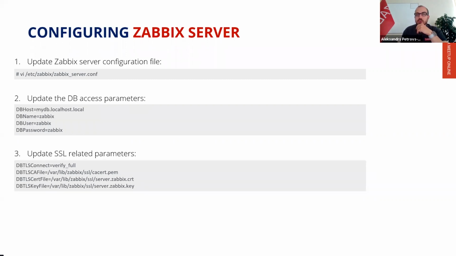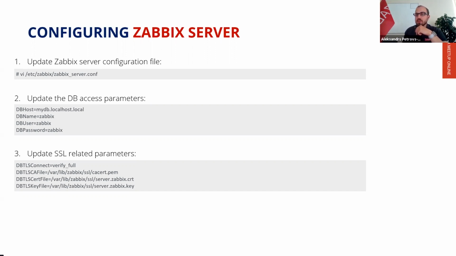So Zabbix can actually read them, and then go and edit the Zabbix server configuration file where you can see some old parameters like the database access. So provide the usual name, user, and password you actually use for that user you just created, and then update SSL related parameters. So right here we have an option DBTLSConnect, and you can see it's verify full. There are actually different options available, like for example check CA, where you can make it less strict.